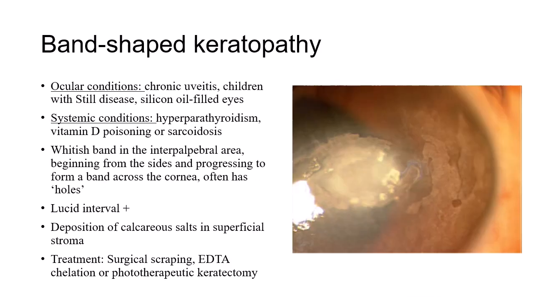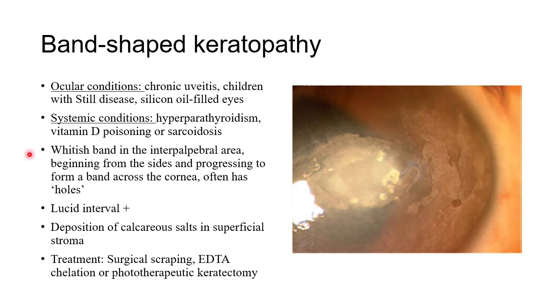Band-shaped keratopathy. Now this begins at the sides, that is at the temporal and the nasal limbus of the interpalpebral region, and gradually progresses centrally to involve the central cornea and become a band-shaped structure, hence known as band-shaped keratopathy. There are some ocular conditions associated with chronic inflammation that cause this, and there are systemic conditions.